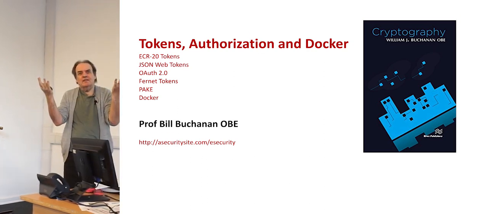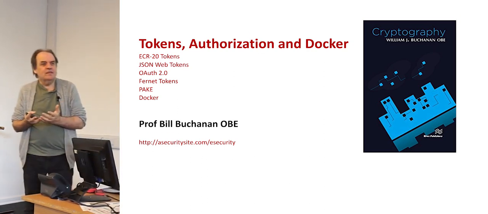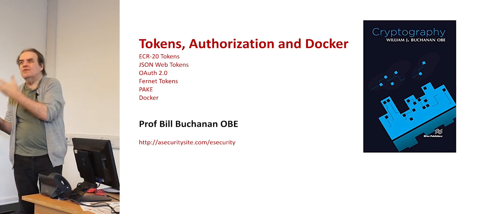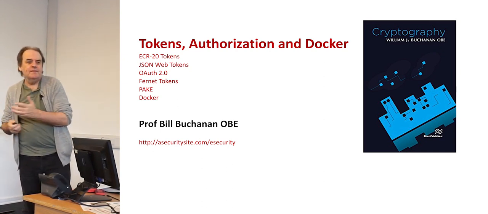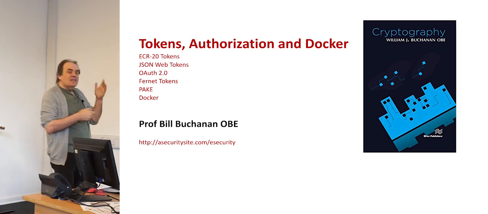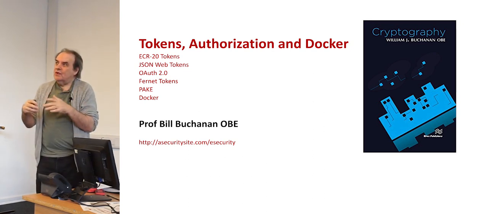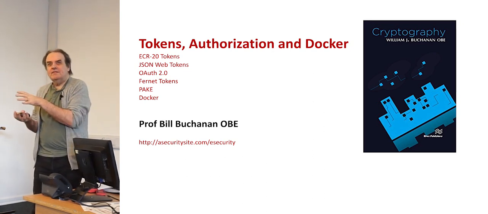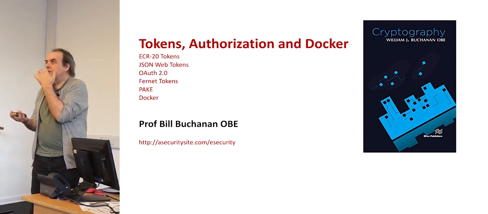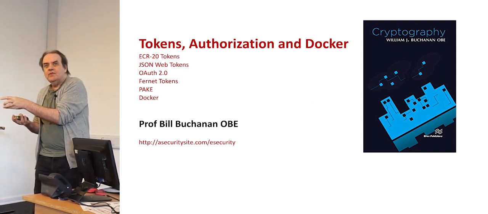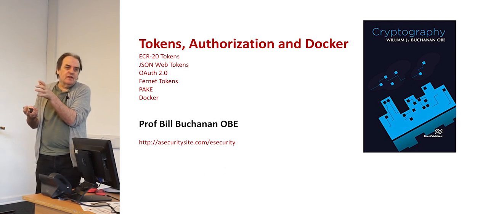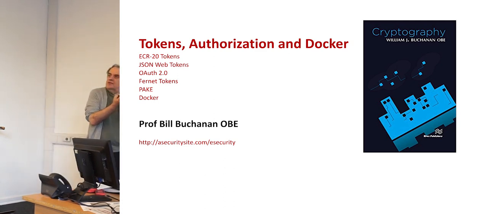It's to do with tokens, it's to do with authorization, it's to do with rights, and so on. So today we'll have a look at what tokenization really means, what authorization tokens are, how they can be used, how you can make sure that users only have to sign in once.